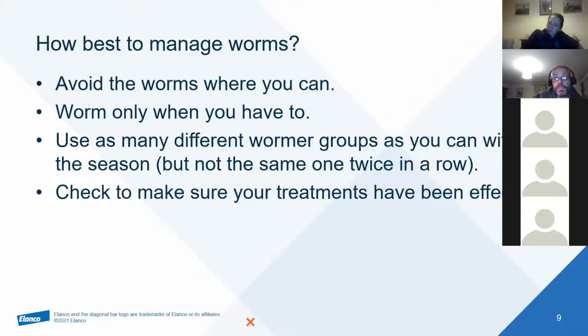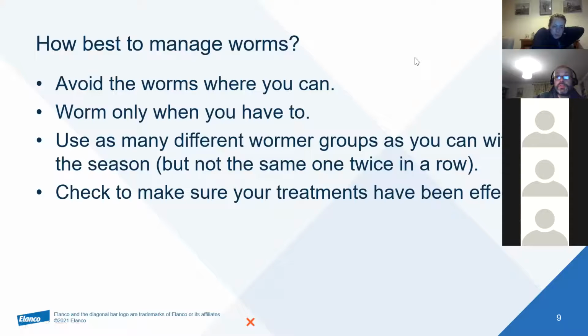The most common is still not getting the dose right. So that's maybe because you're in a hurry and you haven't weighed the lambs, or you've made a guess because they're usually about 20 kilos at that time of year. Or maybe you haven't had time to calibrate the dosing gun and it's not been delivering the full dose that you thought it was. All of these things will make a worming treatment less effective than it should have been.